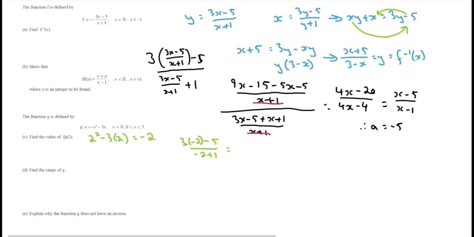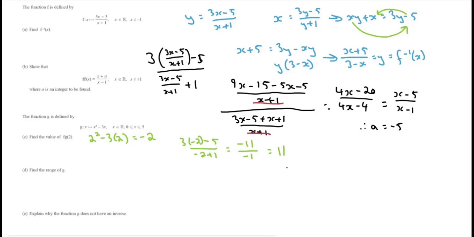So on the top, 3 times minus 2 is minus 6, minus 5 is then going to bring it down to minus 11, and over the minus 2 plus 1 is minus 1, so minus 11 over minus 1 just gives you a value for f of g of 2 of simply 11.